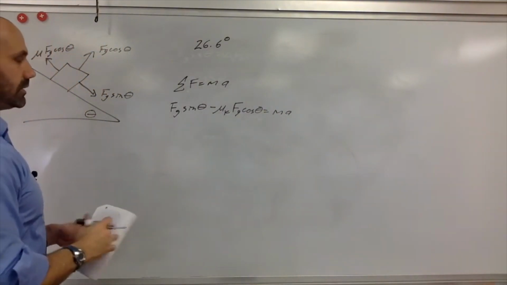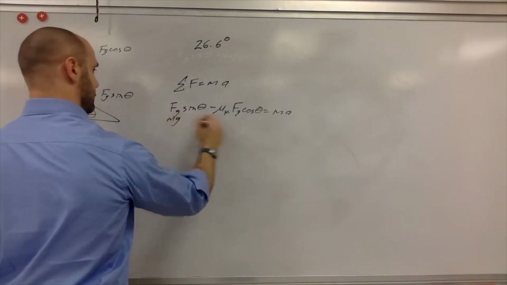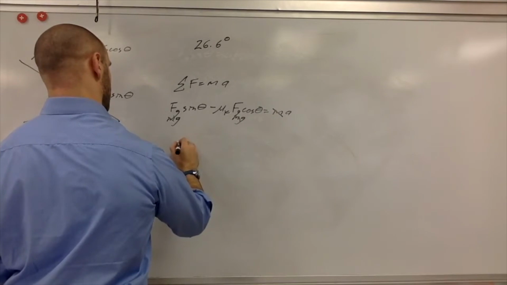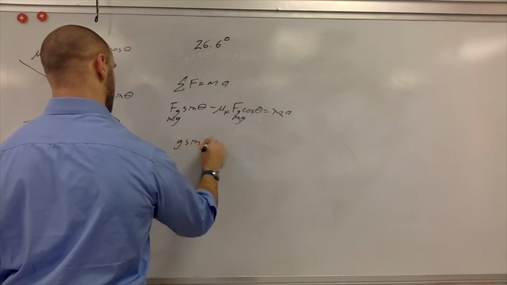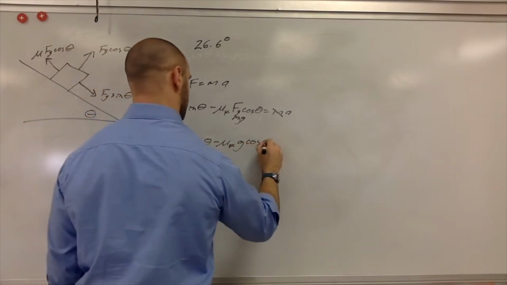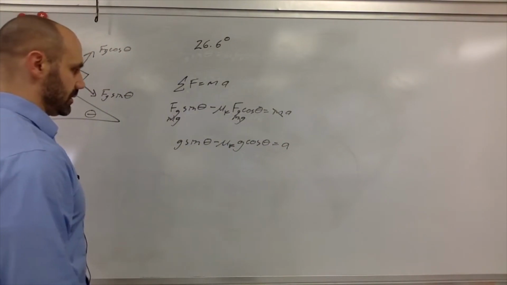What we can do here also is get rid of the m's, because this is really mg. These cancel out. And so then I now have g sine of theta minus mu k g cosine theta equals a. It's just one less step that we need to worry about here.